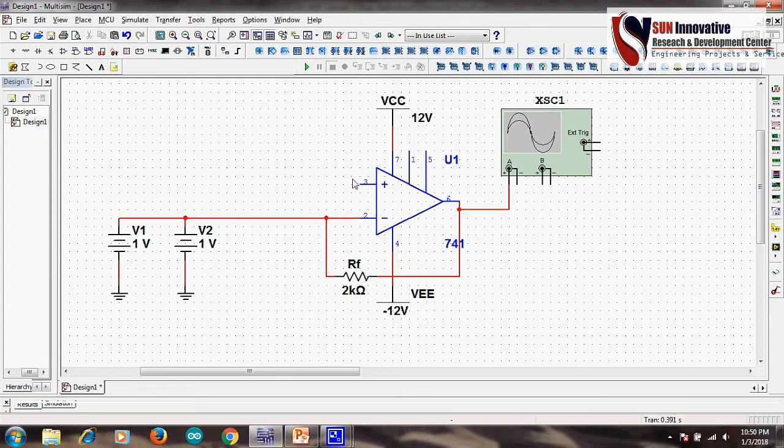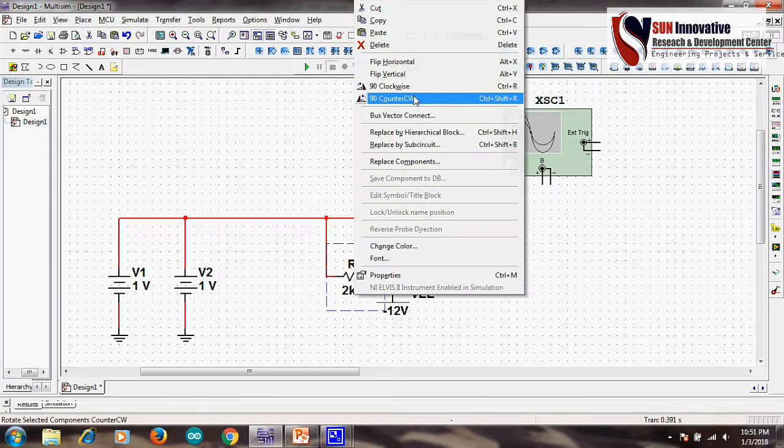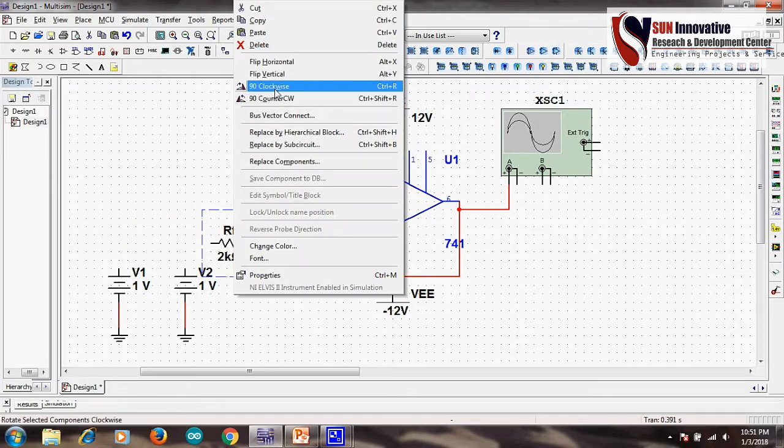So now we have the circuit, but we need the input resistance for each individual supply. So we have to take resistance again. We copy this resistance and paste here. Try to rotate this.